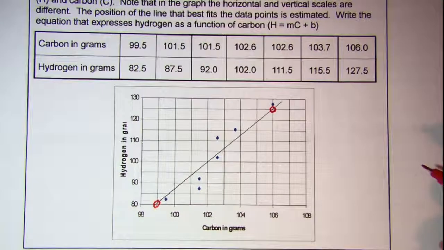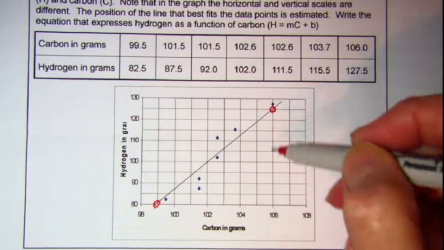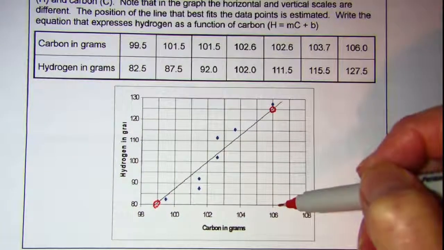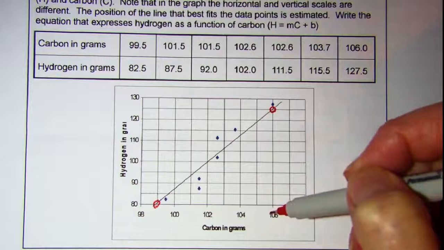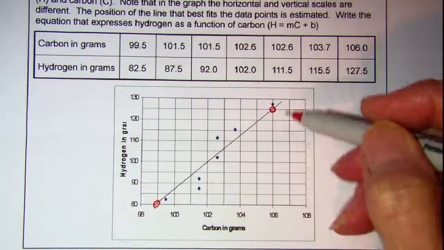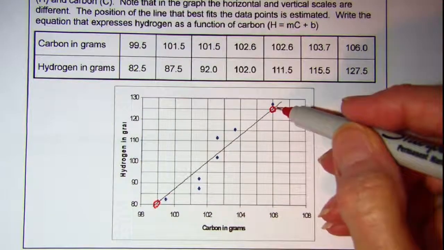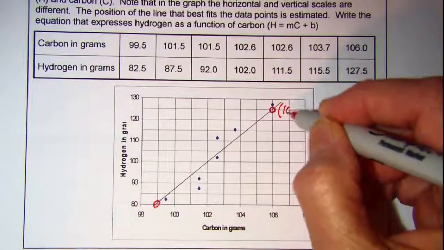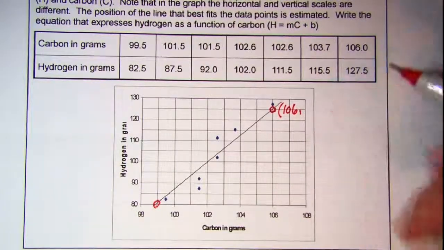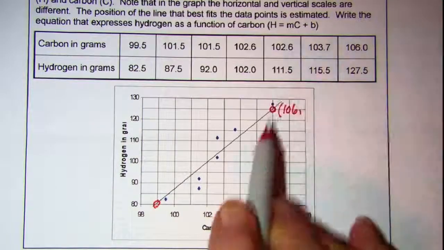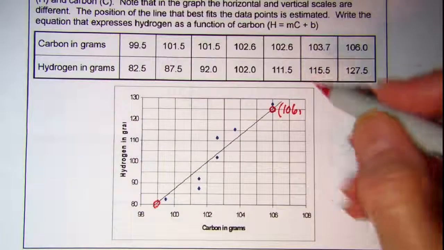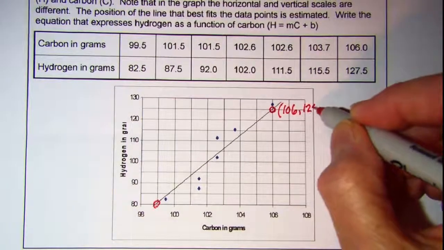Then we need to write down the coordinates of those points. So this point has, and I'm going to use x and y, we'll change it back to hydrogen and carbon at the end. So the x-coordinate is 106, and the y-coordinate is 125.